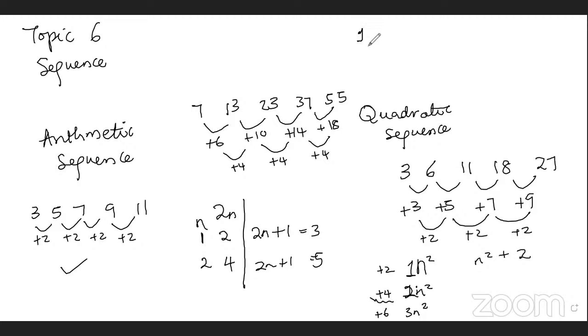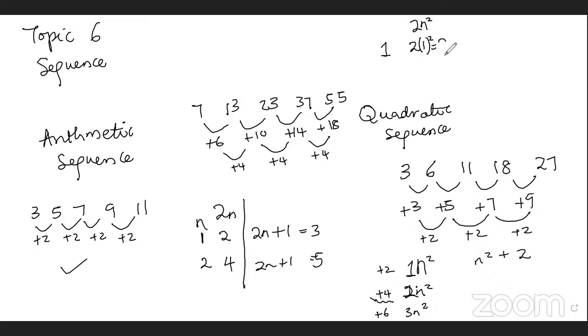When n is equal to 1, what is 2n squared? Two times 1 squared is what? 2.